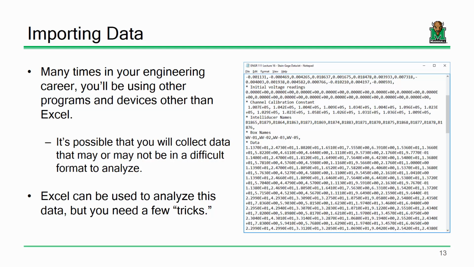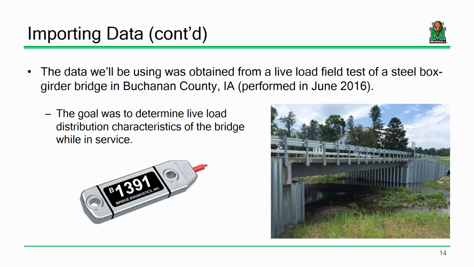It says strain gauge data for lecture 16, and when you open it up, you get a website, and it's just going to be this. While that is useful data, it's tough to take this data and use it in Excel. I'm going to show you a couple ways we can utilize data in Excel to make our lives easier.